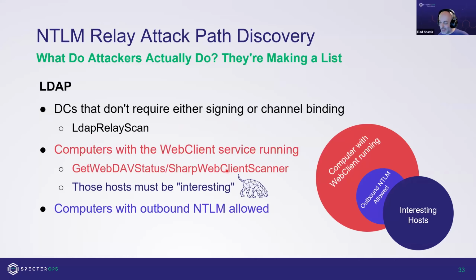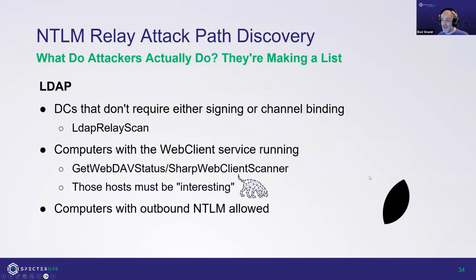There are other tools that help collect that. As before, you need to make sure that the host you're about to compromise is actually interesting. BloodHound can help you with that. And as before, outbound NTLM allowed is a requirement. And here again, the attackers need to make different lists, intersect those lists, and that's what they can actually target.